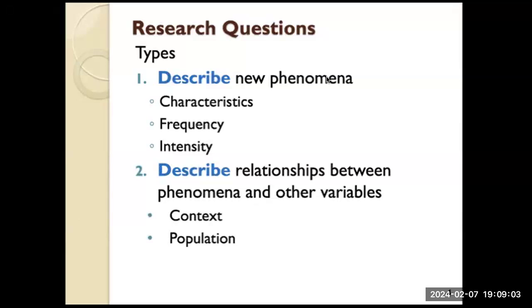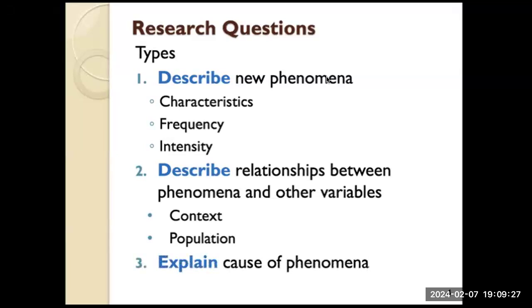Is it happening in only one specific context? Does it only happen at daycare? Does it happen to people who go to the malls, or does it happen in homes? What's going on here? And you want to look at population. Who are the people being affected by this phenomenon? Remember, with COVID, we found out it was mostly young children and the elderly, right? They were the vulnerable populations.